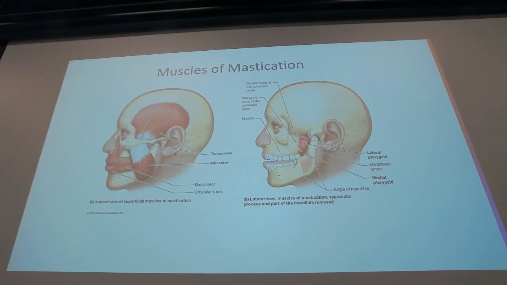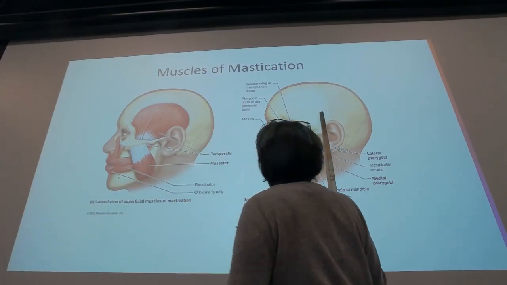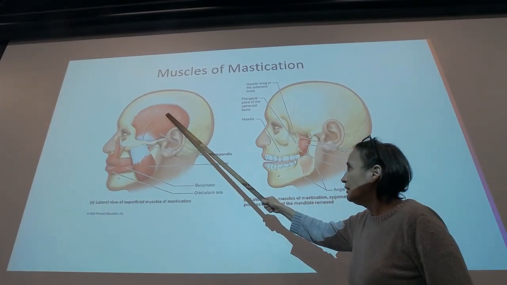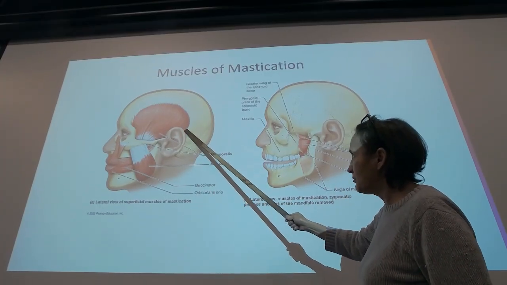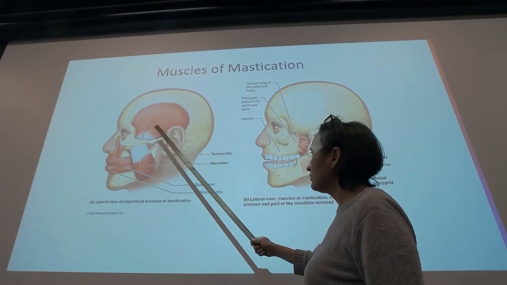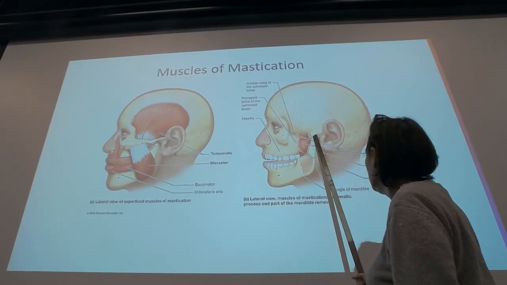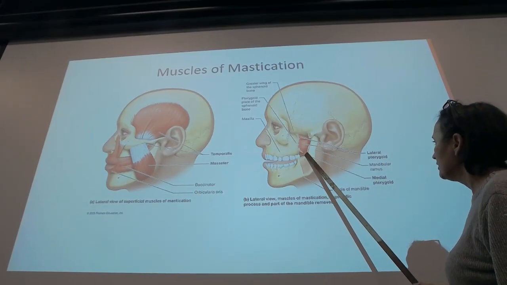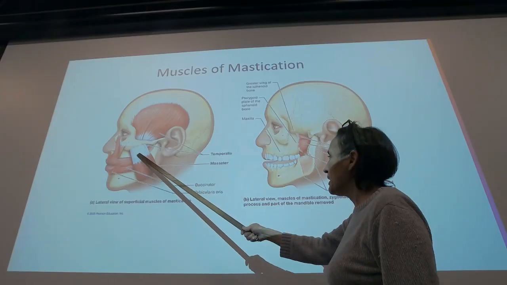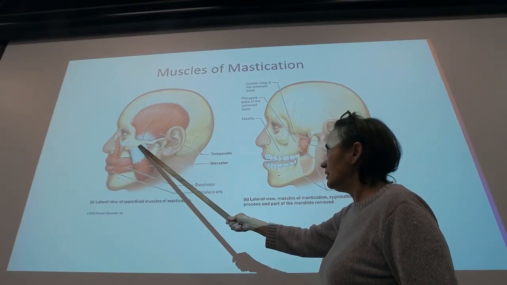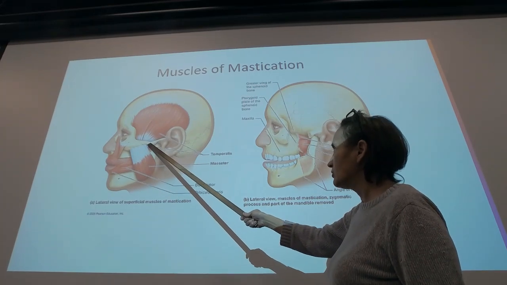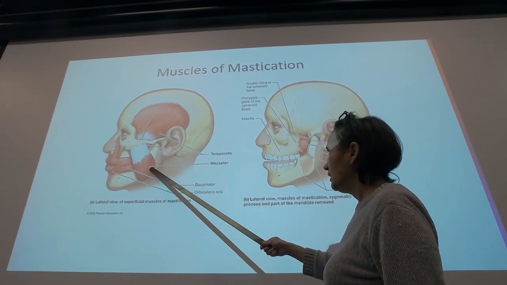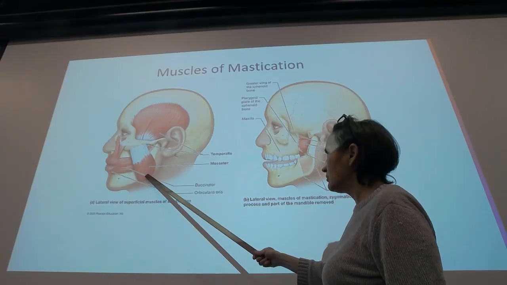So here are the muscles of mastication. Temporalis, located in this area, originates here and inserts along the temporal line from the parietal and frontal bones, and then inserts here in the mandible, in the ramus. Then here we have the masseter that originates in the zygomatic and also temporal bone, and inserts here in the mandibular angle.